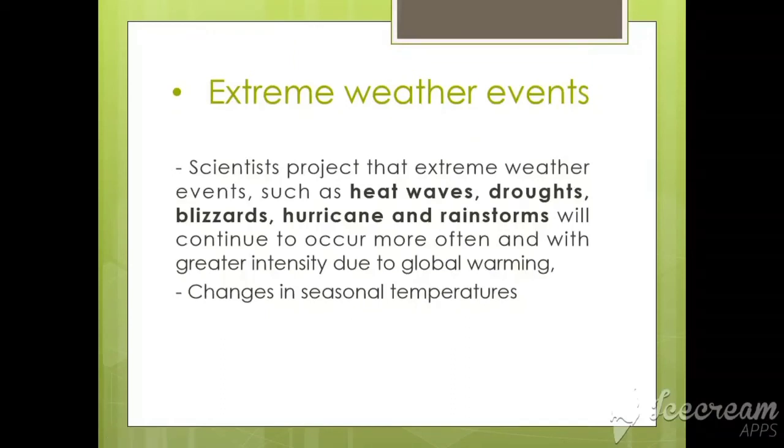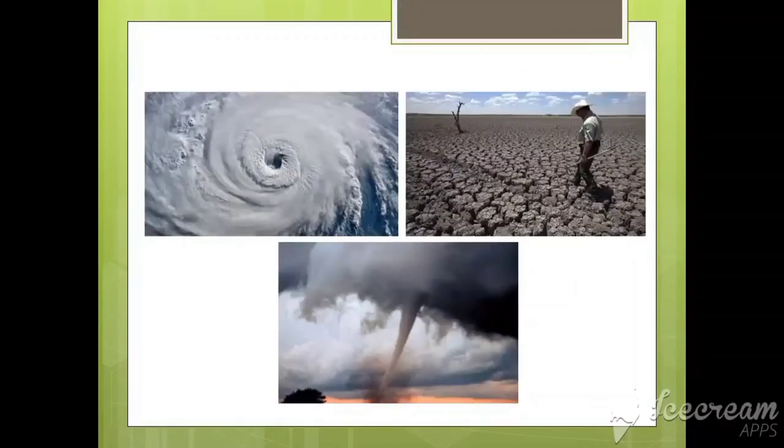Changes in seasonal temperature. The winter, spring, summer, and fall temperatures of those seasons will change. So this is the typhoon, drought, and hurricane.